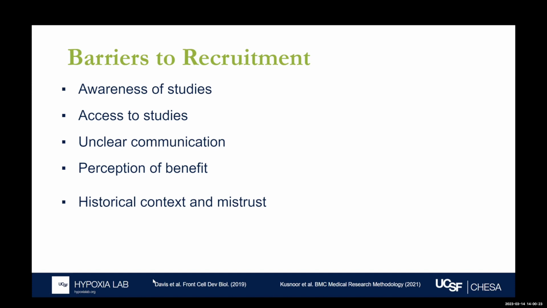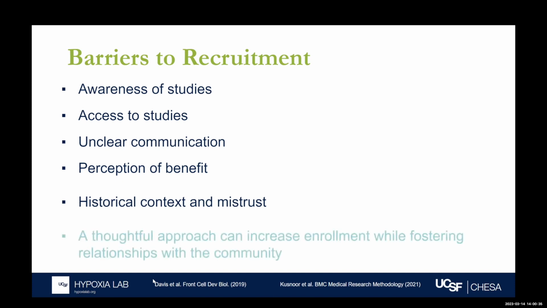And related to mistrust, some people are simply concerned for their own privacy and may be reluctant to participate. They want to know exactly what's being done with their data and personal information. Keeping in mind these barriers, a thoughtful approach can increase enrollment in studies while fostering relationships with the communities that our participants are coming from.